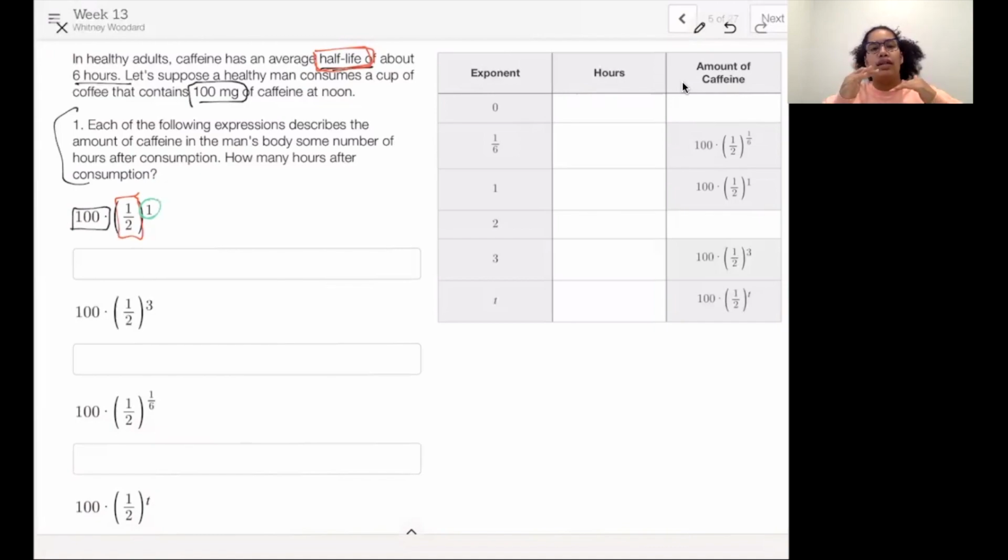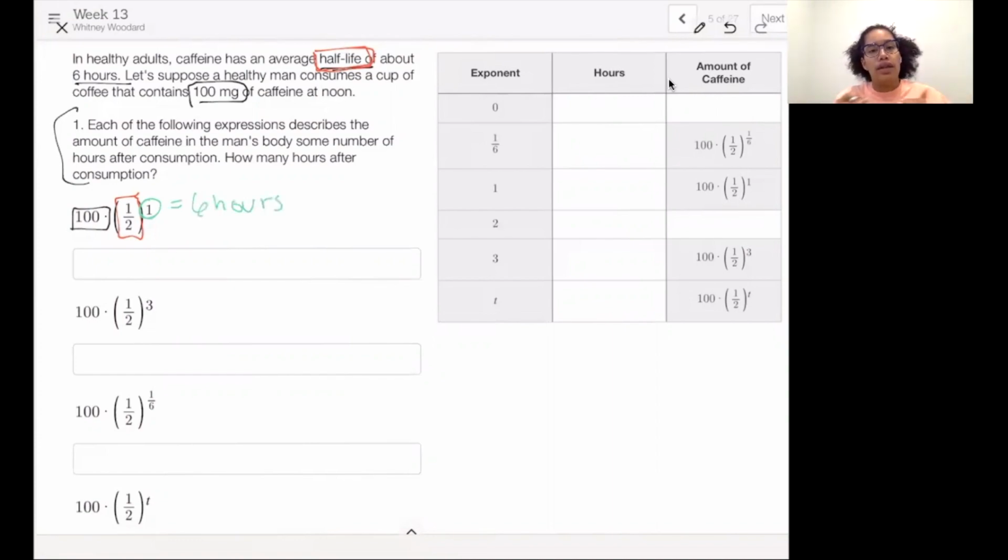We know that 1/2 of what's left is going to decay after 6 hours. So this tells us how much caffeine is lost after that time period, 6 hours. So I know 1 is representing 6 hours.